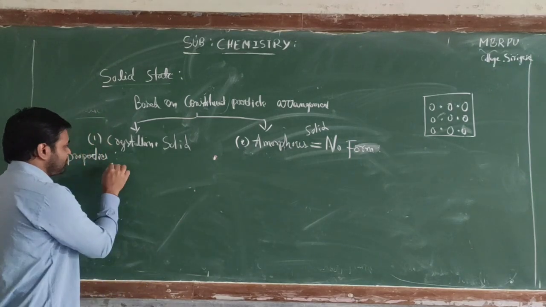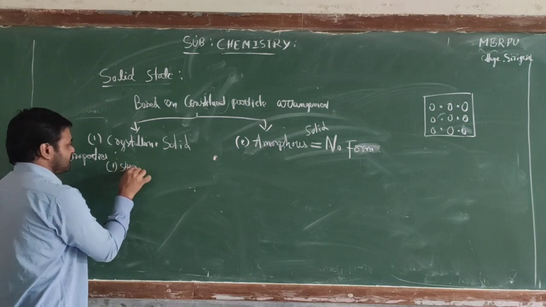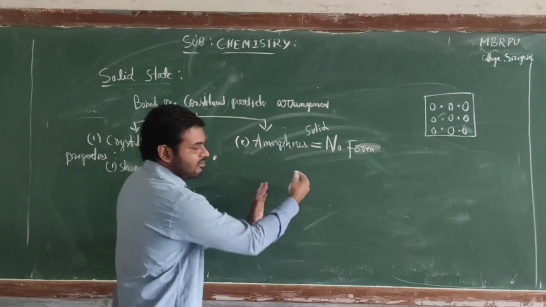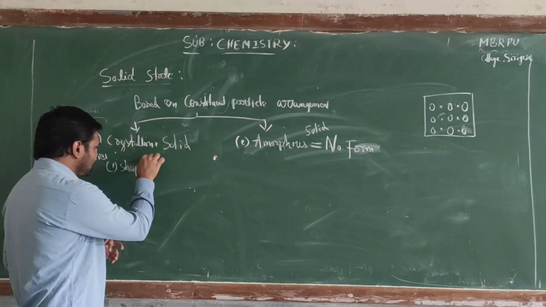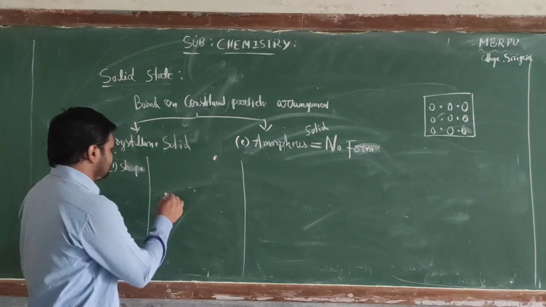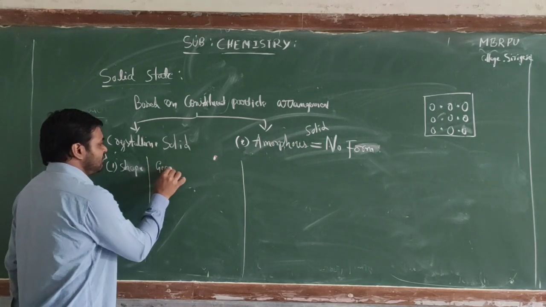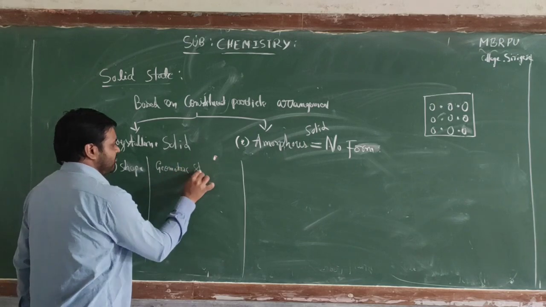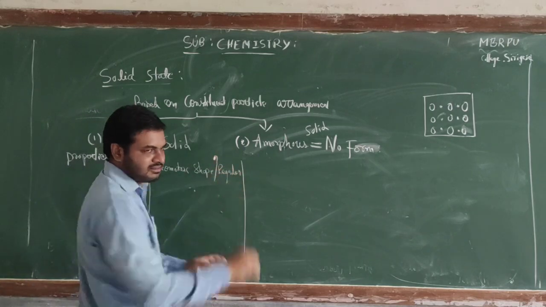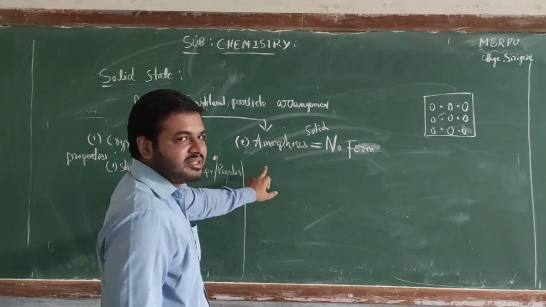So first, let's see the property of shape. What shape is crystalline, what shape is amorphous? What shape is there in crystalline? Yes, they have geometrical shape or regular shape. Correct? In the amorphous, it's completely opposite.